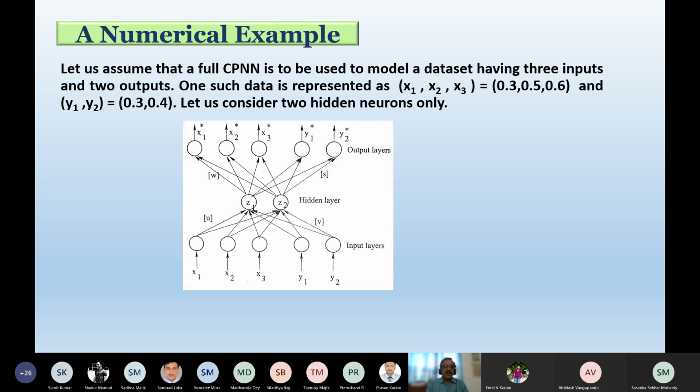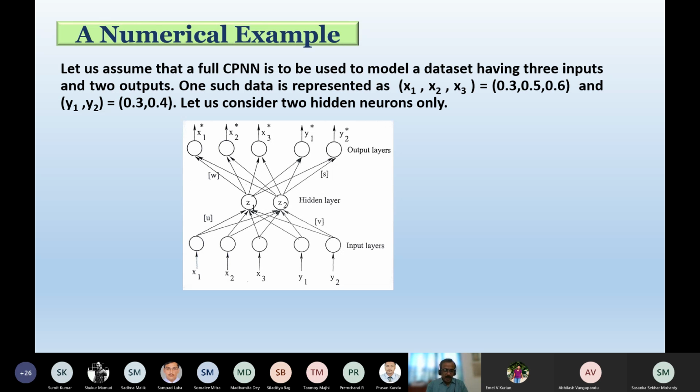Now let us assume a full CPNN, and this full CPNN is to be used to represent the input-output relationship of a particular process.